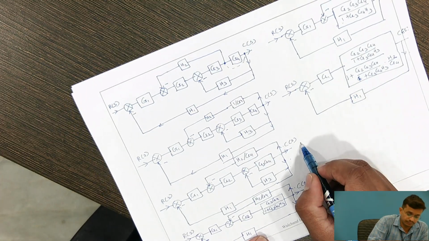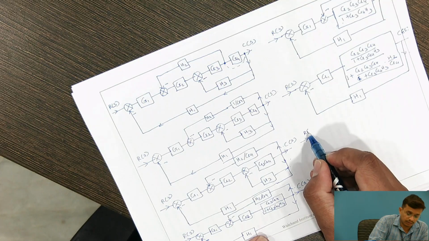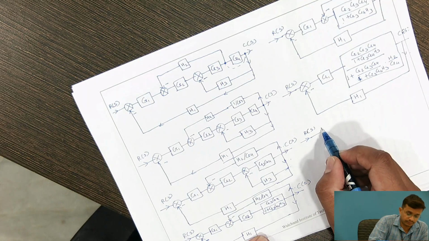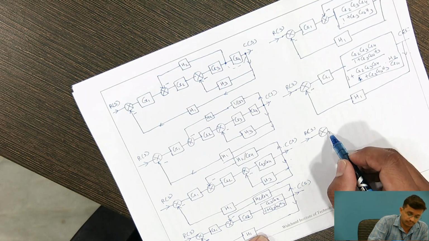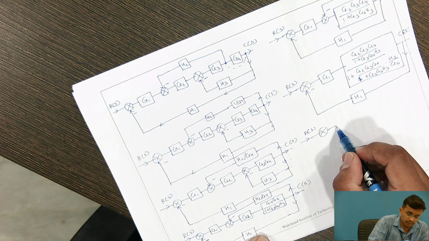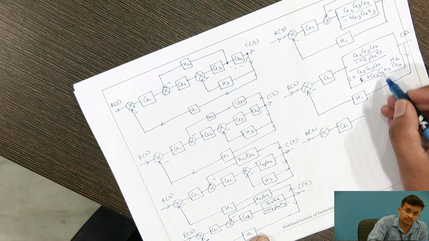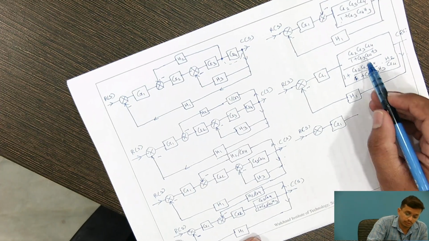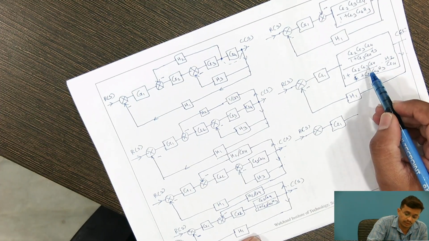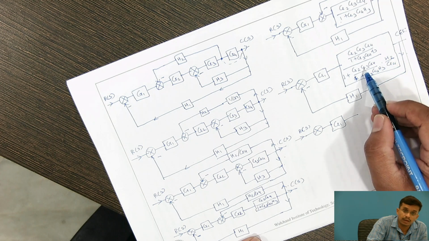R of S, this particular summing point, this particular G1. So we will simplify this first. Both denominators will get cancelled, G4 will also get cancelled, and we are multiplying by H2.